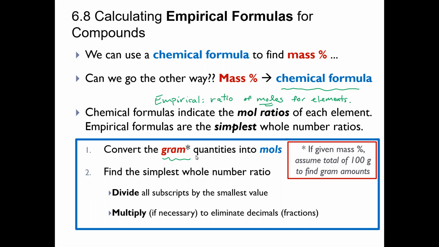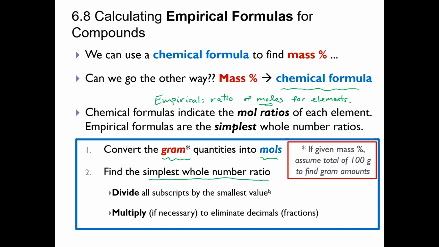In order to get this mass information into a useful form for our chemical formula, we need to get to moles. So that can be our first step. Switch from grams to moles so that we can put that ratio into the subscripts in our chemical formula. That can't be our final answer unless we end up with the simplest whole number ratio.